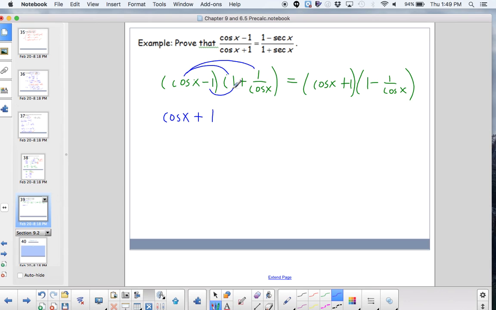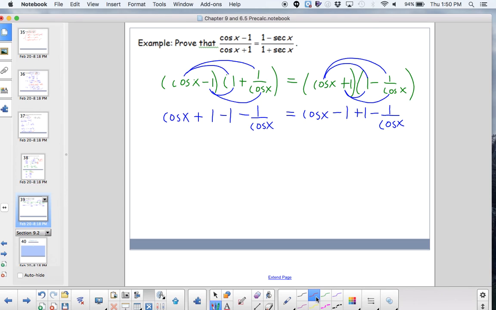And then here would give me minus 1. And then here that would give me minus 1 over cosine x. Right? And then on the right side, cosine x times 1 and cosine x times 1 over cosine x would give me minus 1 plus 1 and minus 1 over cosine x.